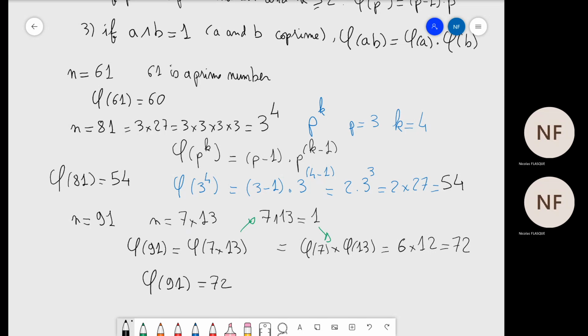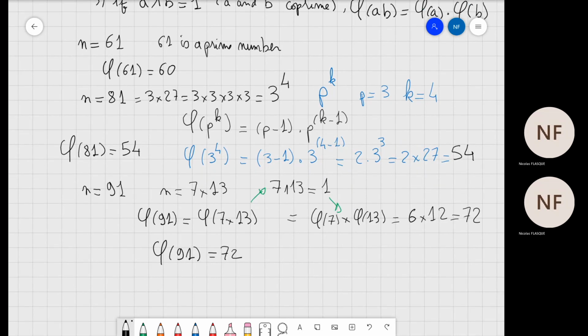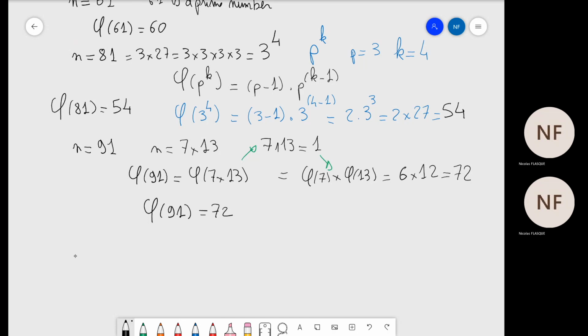Okay, I think that this should begin to make sense for you. Now the last example, where n is equal to 200. Here we can see that 200 is not a prime number. It's not a power of a prime number.